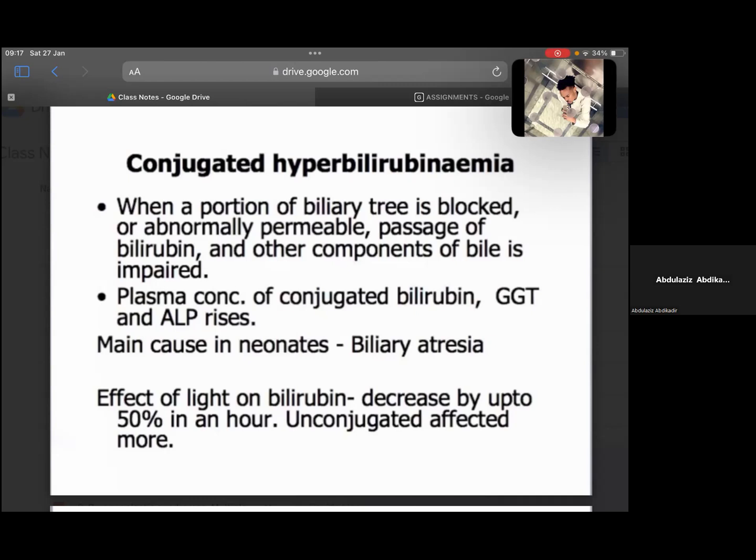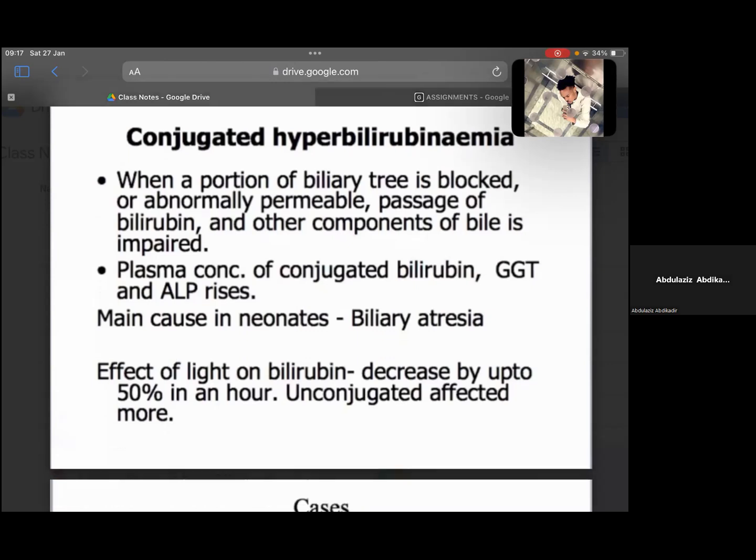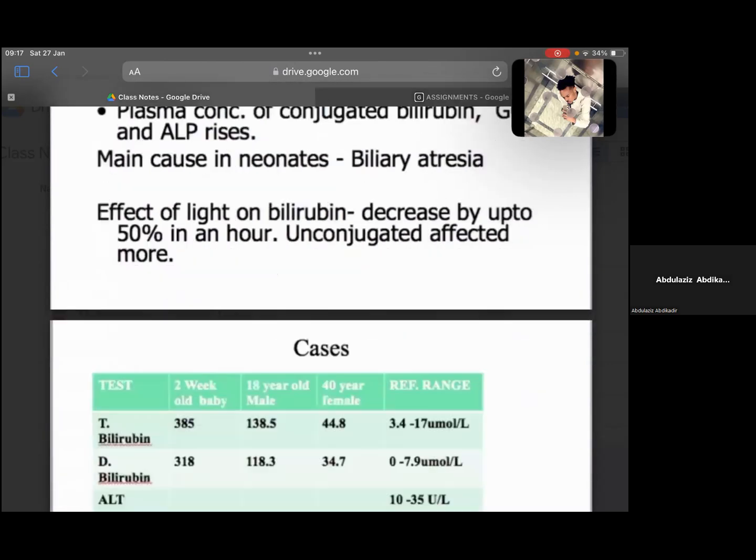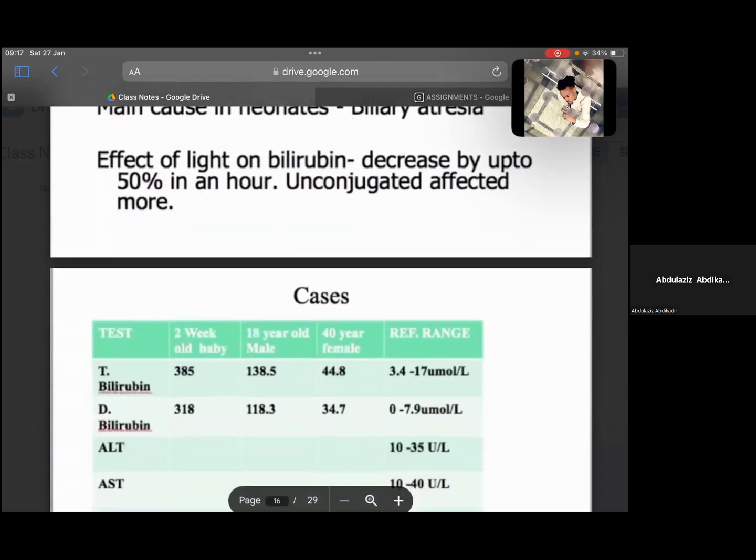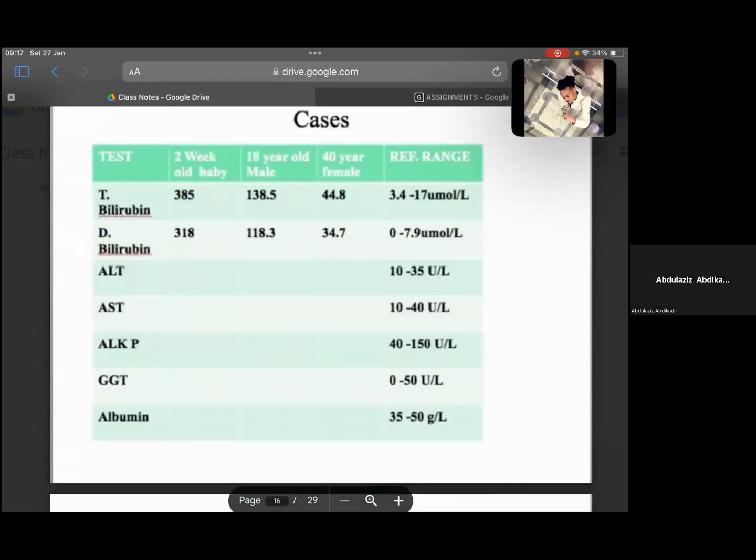Then it reduces up to 50% in an hour. That is normally the unconjugated, the one that I told you about, hemolysis and lack of conjugating enzymes. These metabolic diseases, the enzymes and the other things, they are mostly found in the neonates and the pediatric population.